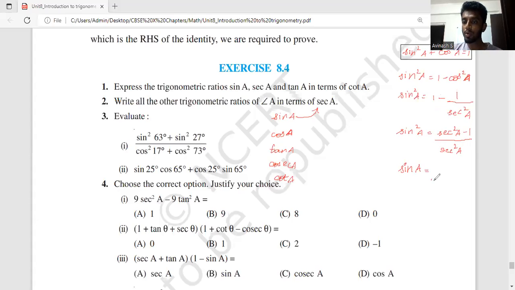It becomes the whole root of sec square A minus 1 divided by sec square A. As we did in the previous problem, when we take the root separately of the numerator and denominator, we finally get sin A equals, the numerator doesn't change because there is a minus 1 associated with it, so we get root of sec square A minus 1. But in the denominator, when we take the root, the sec square gets cancelled, so we get only sec A. So this is how we approach the first part of this particular question.